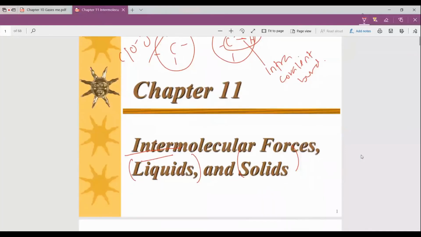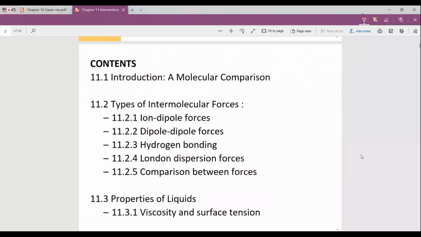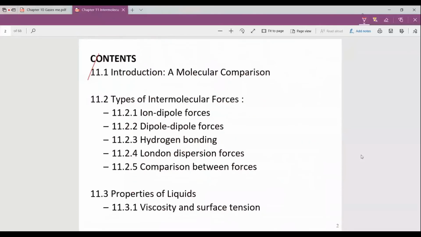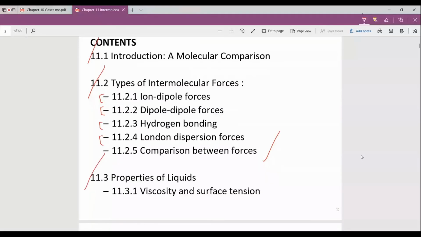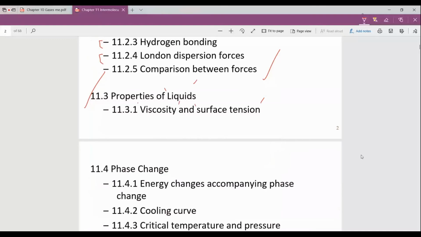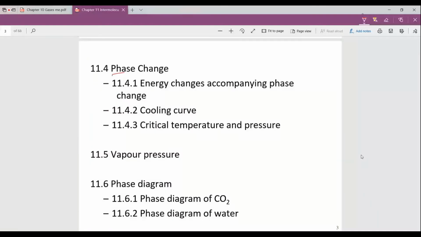Okay, content for chapter 11. First is the introduction to molecular comparison, states of matter: solid, liquid, and gas. Then types of intermolecular force, we have 4, and this comparison. Then properties of liquid: viscosity and surface tension. And phase change in terms of energy change, as well as the phase changes among solid, liquid, and gas.